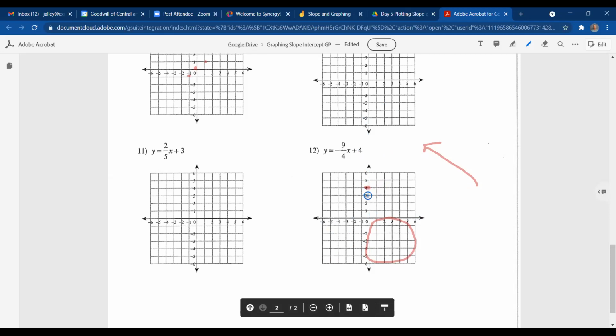So down 9. See, 1, 2, 3, 4, 5, 6, 7, 8, 9. Now over 4, 1, 2, 3, 4. Again, it's a very common mistake to place that second point over in here. So I'm bringing that up as another example of a situation to try to do that visualizing before you even start doing the graph. Questions, anybody?